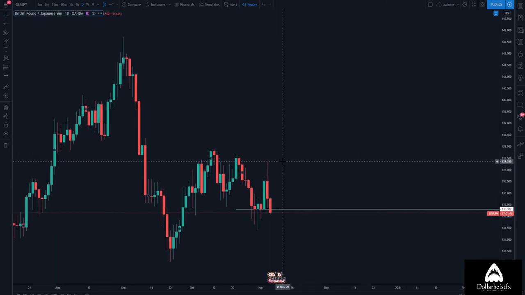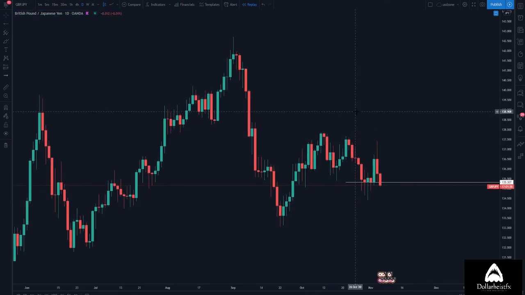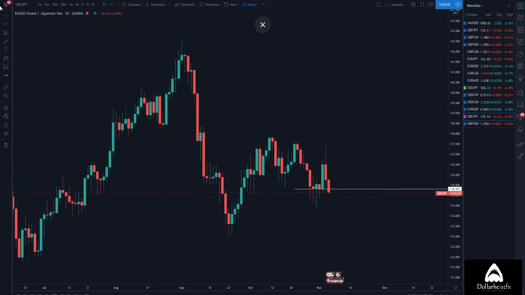When it comes to the difference between MT4 and TradingView, TradingView lets you have full control, and it looks more modernized compared to MetaTrader.